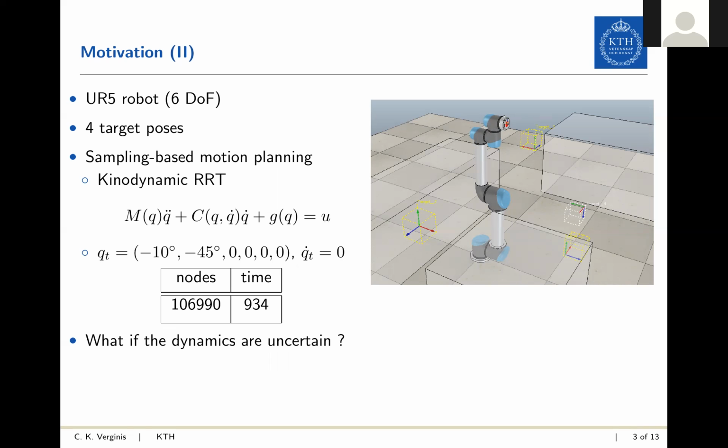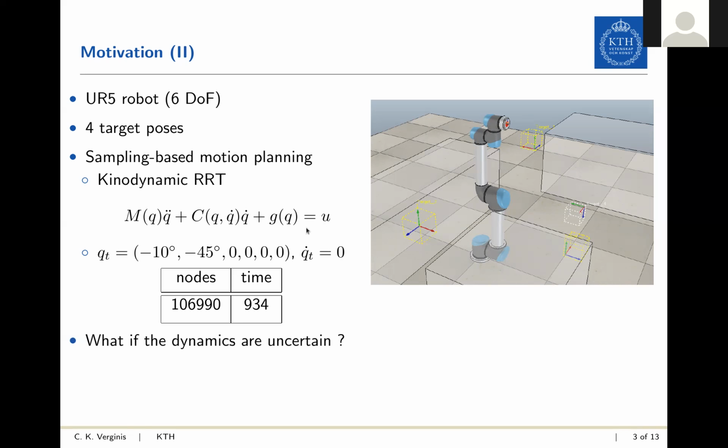And in that way, these algorithms create, again, a sequence of points to be followed in the free space, consisting of joints and velocities.